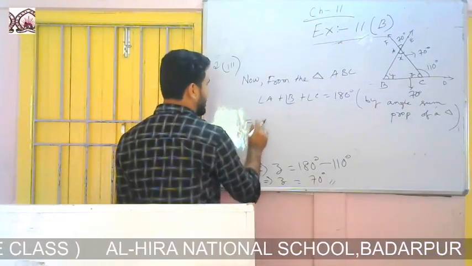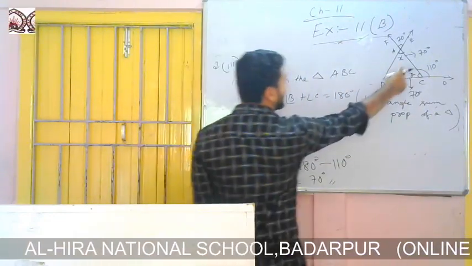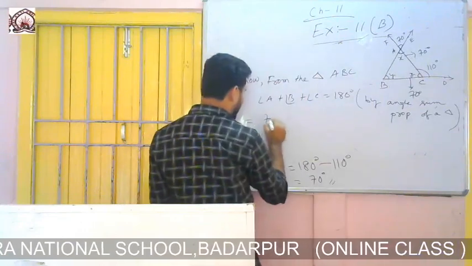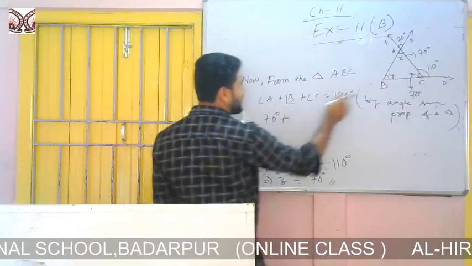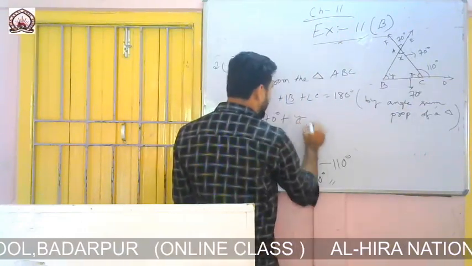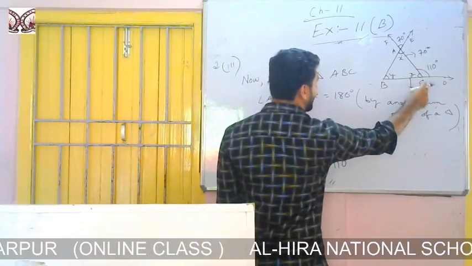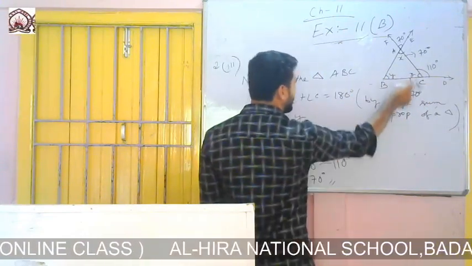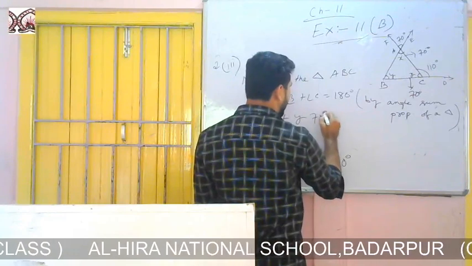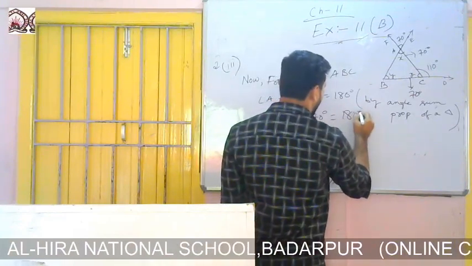Okay. So in place of angle A I can write 70 degree, in place of angle B I can write Y, and in place of angle C I can write Z, and we know the value of Z is 70 degree. Okay, so you can find.